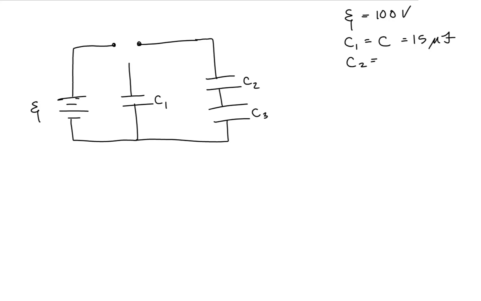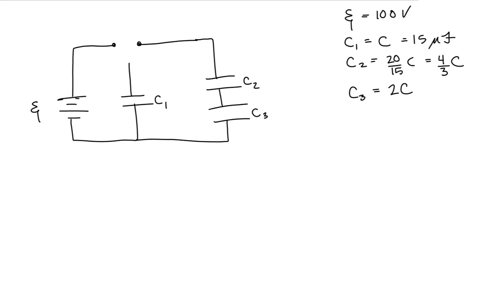Capacitor 2 is 20 microfarads, which would be, let's see, 20 over 15 C. I've got to do simple math in my head on the spot, cancel the 5. So this is going to be 4/3 C if I did my math correctly.